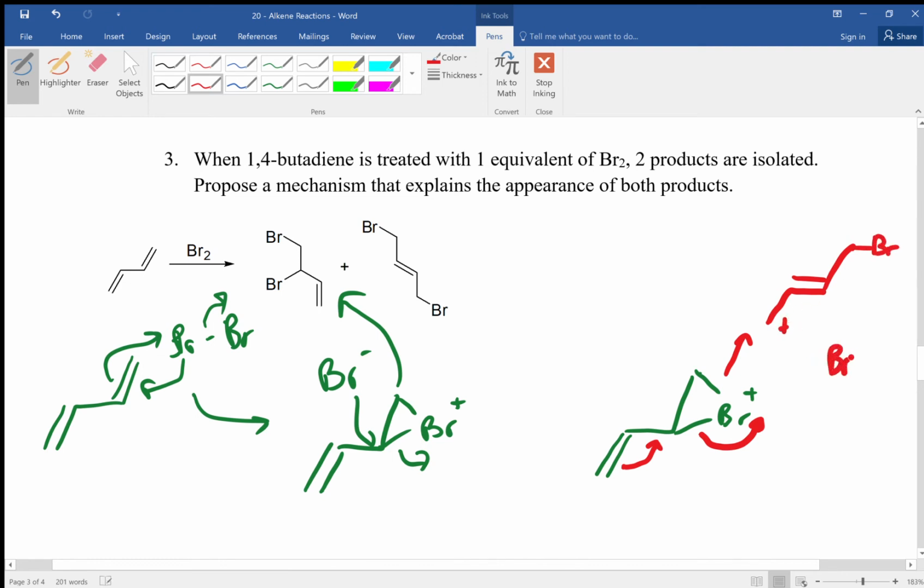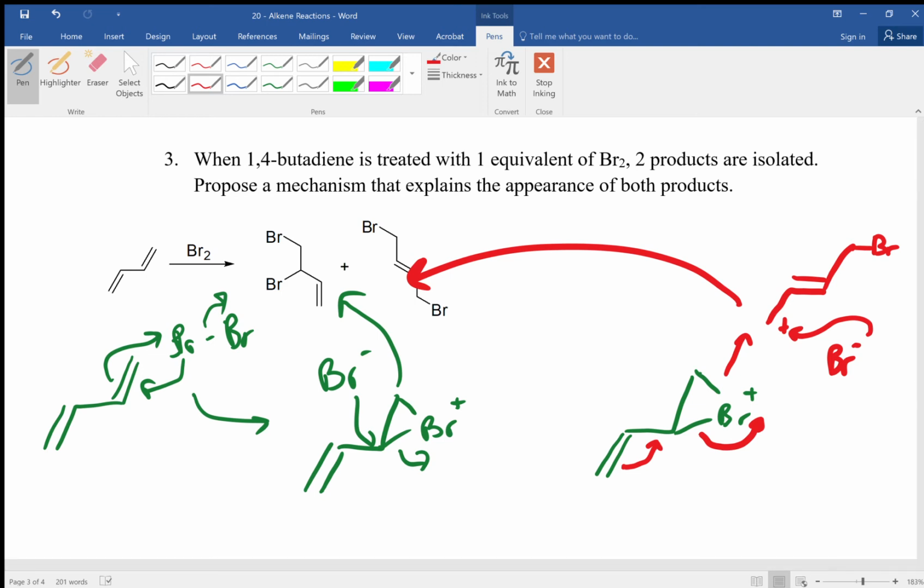And then the Br- attacks down here at the bottom, and that gives us the product on the right. So anytime we've got an alkene near something that's positively charged, different or unusual things are capable of happening.